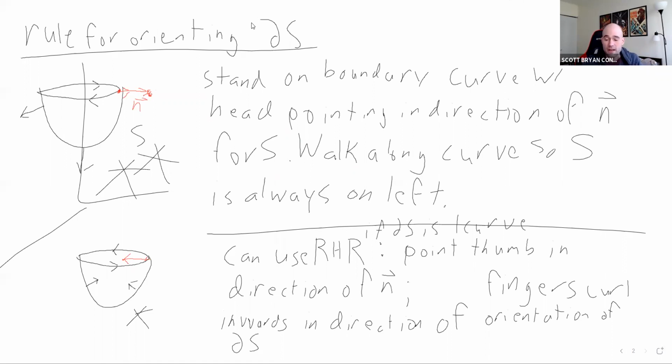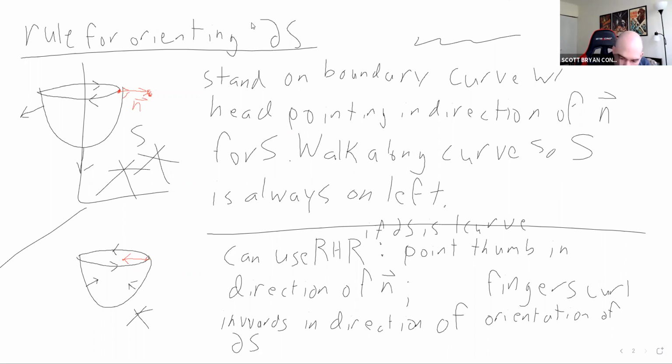Okay, so if we use this first rule, imagine you're a vector, right? You're standing on the boundary curve. Your head is the tip of the vector. So you're oriented so that you're standing in the same way as the normal vector.